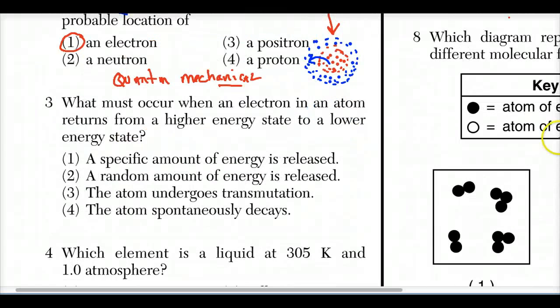What must occur when an electron in an atom returns from a higher energy state to a lower energy state? Well, if you don't remember your Bohr diagram, because he was the first, as I just stated, here's your nucleus to talk about this. Electrons existing farther away have to have higher energy, because they're overcoming this positive pulling force of the nucleus.